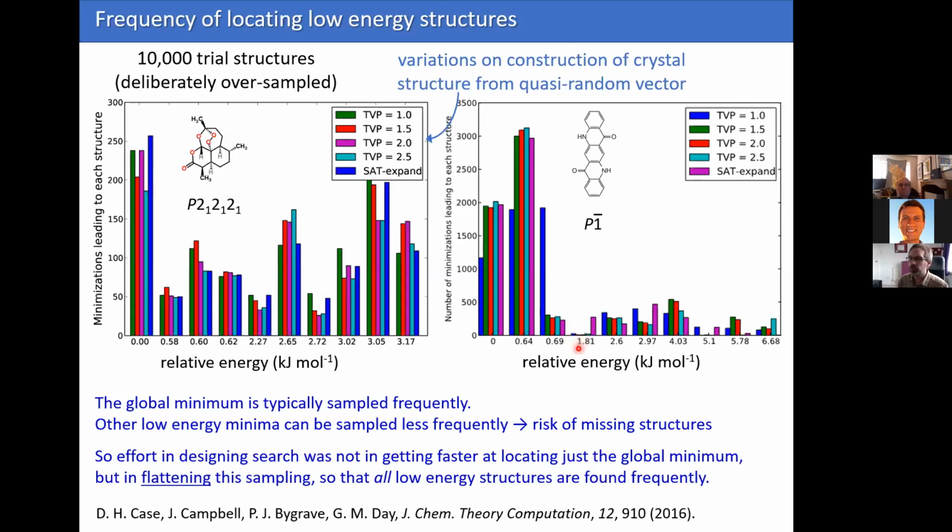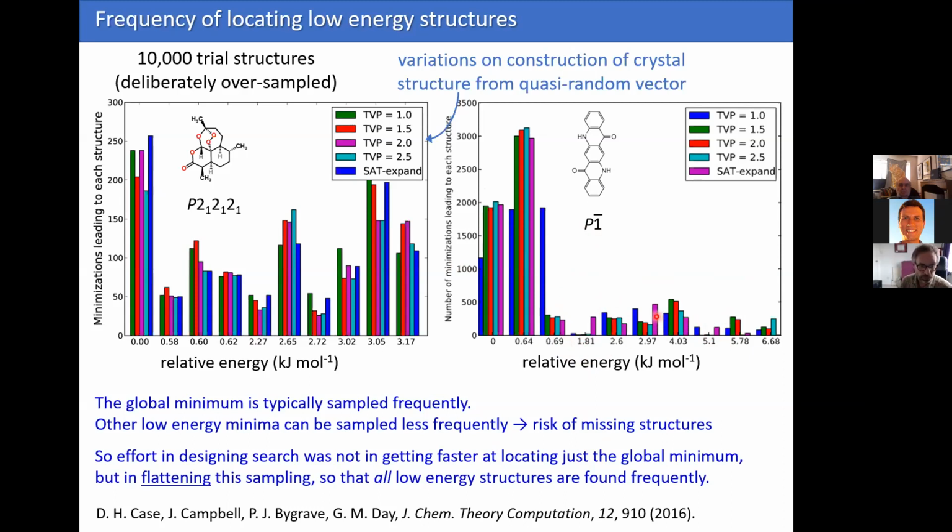So in terms of improving these methods, we're not often looking at getting to the global minima faster, because we're already doing that quite well. We're looking at flattening out this type of distribution to make it easier to find these more difficult to find structures.